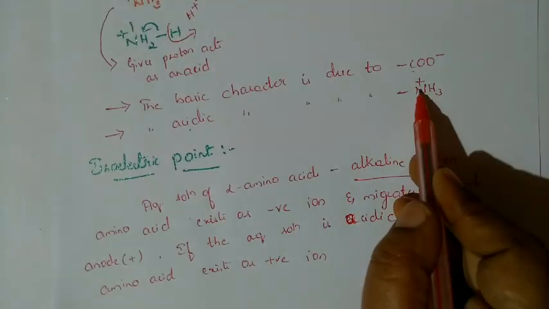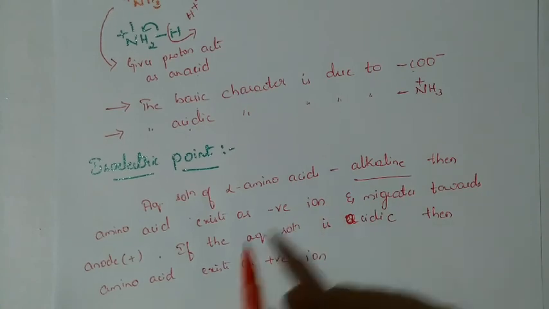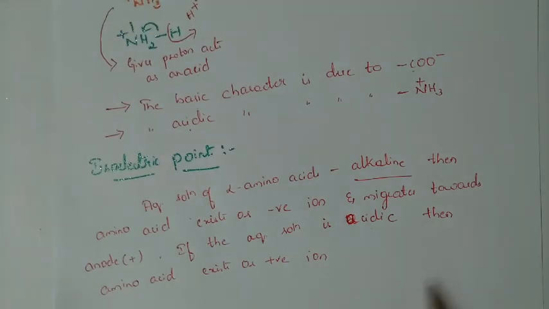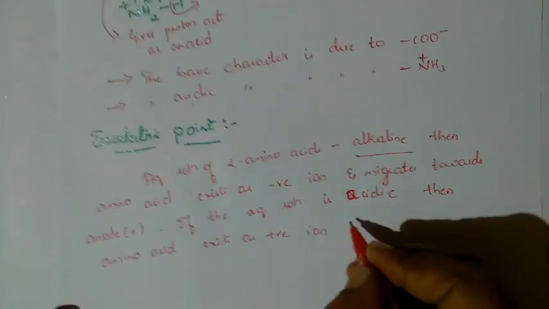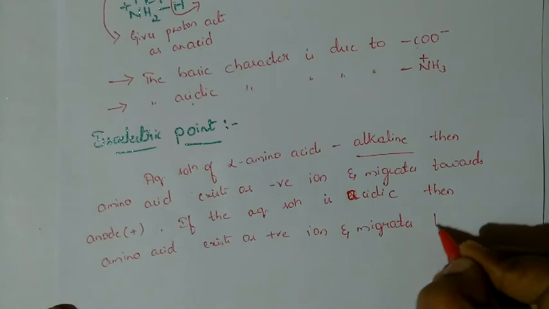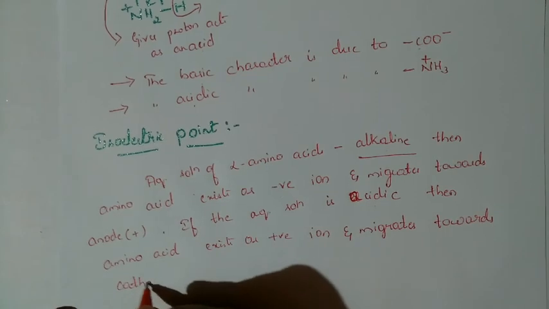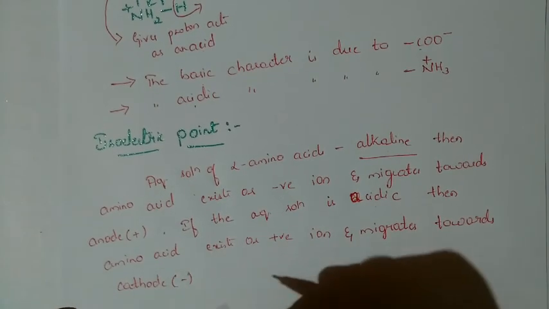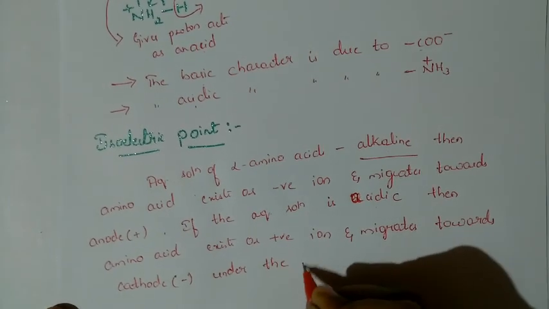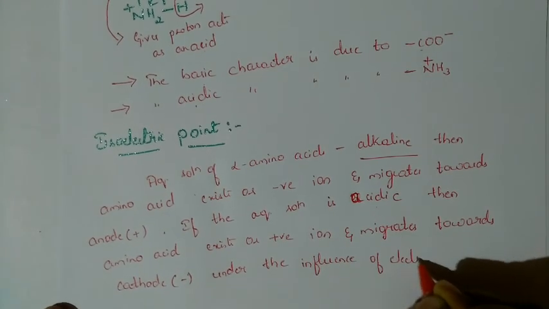Acidic NH3 plus is there, basic COO minus; alkaline is there, so that's why negative. So if it is acidic, it has a positive charge, it exists as a positive ion and migrates towards the cathode, the negative terminal of the battery, and all this will happen under the influence of an electric field.